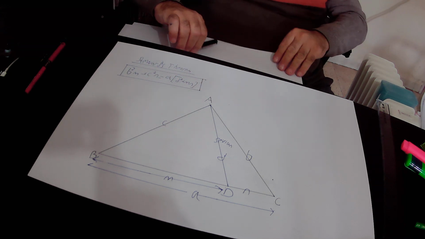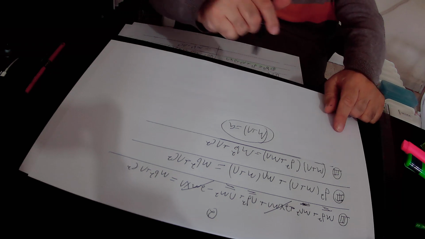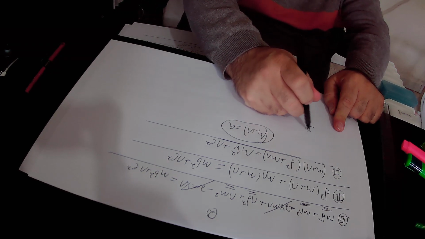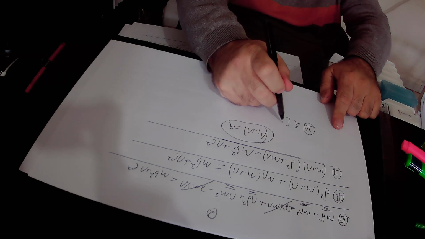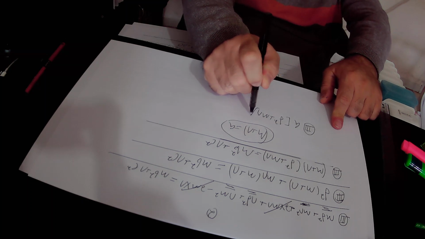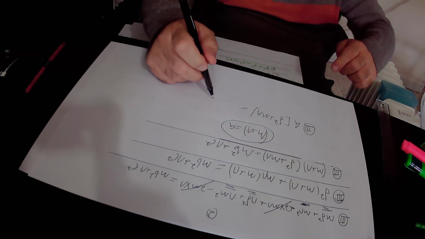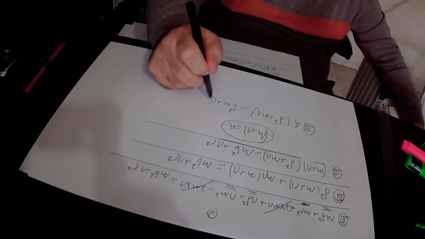So we substitute m plus n in this equation number 3 by a. And we have here m plus n is a, and inside the brackets we have d squared plus m times n equals b squared m plus c squared n.